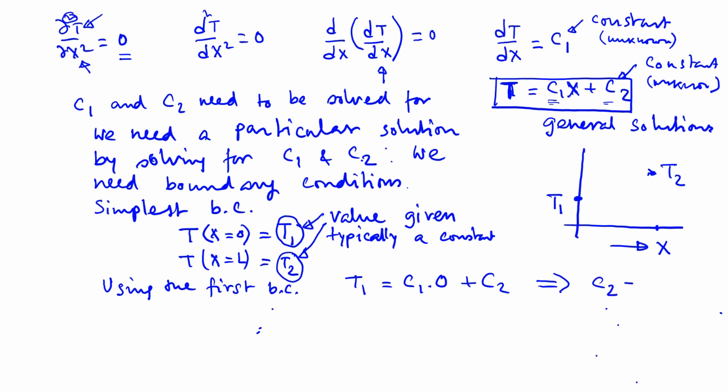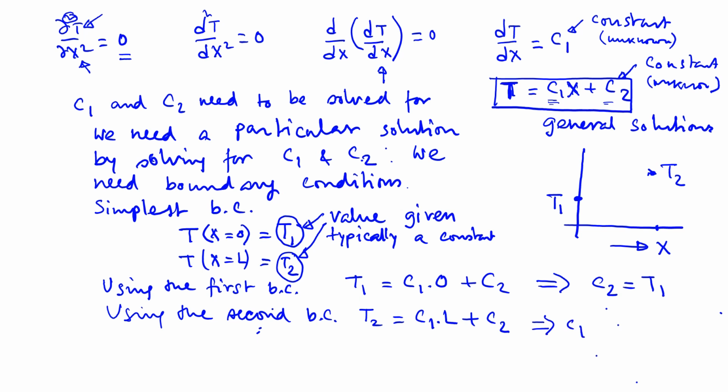Then using the second boundary condition, we get T2 equal to C1 times L plus C2. So C1 is equal to T2 minus C2 over L, but C2 is already known, so this is equal to T2 minus T1 over L.